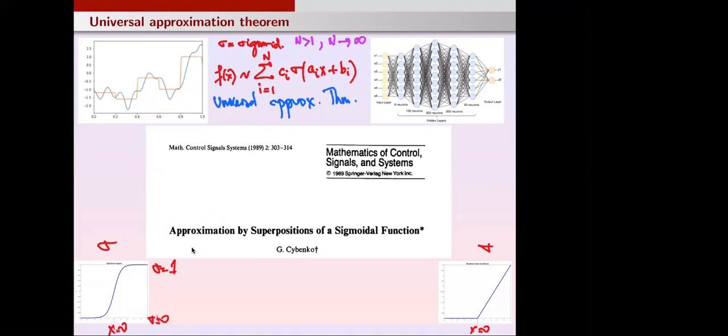So if you try to approximate any function by this superposition of sigmoid functions, as Cybenko said, you definitely need to allow all these parameters to be free. Okay, this is a necessary condition.